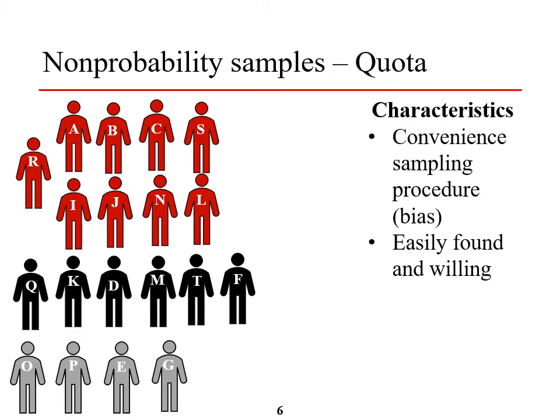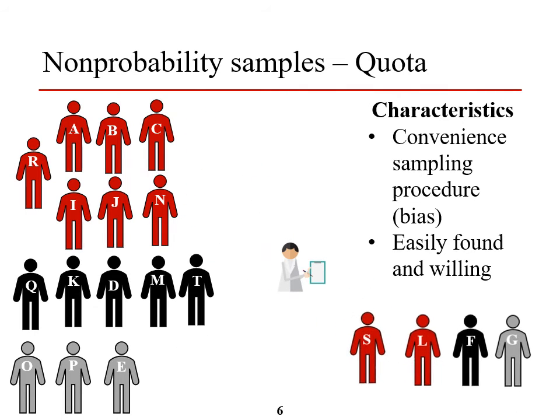The various quotas that the researcher obtains are going to represent the different proportions of the subgroups within that population. Because there are a lot more individuals in the red subgroup, we would probably want to get 2 from the red, 1 from the black, and 1 from the gray subgroup. The researcher in this case is going to select those that are the most readily available in proximity or in ease of access.